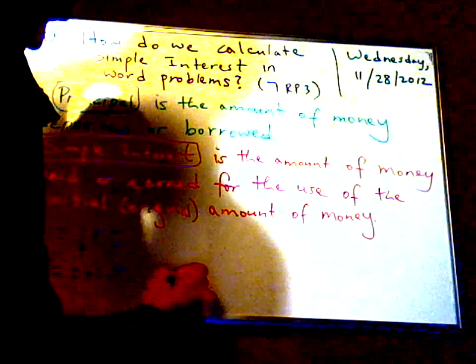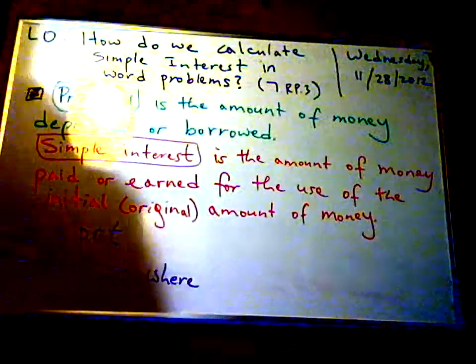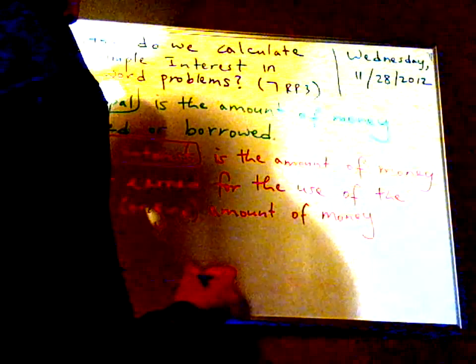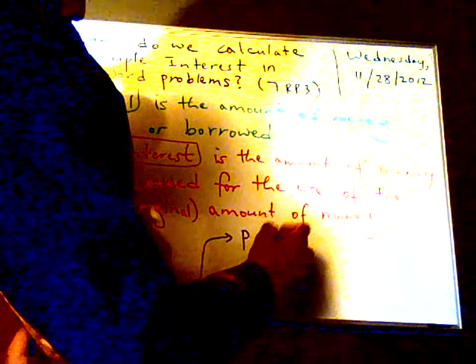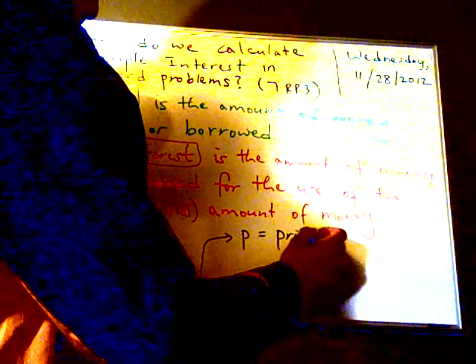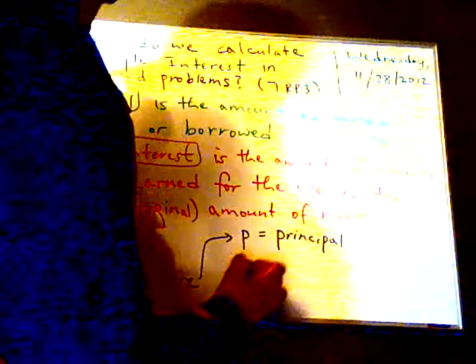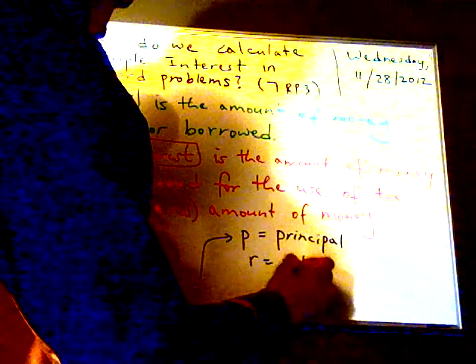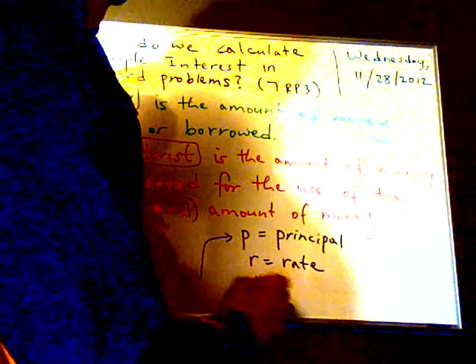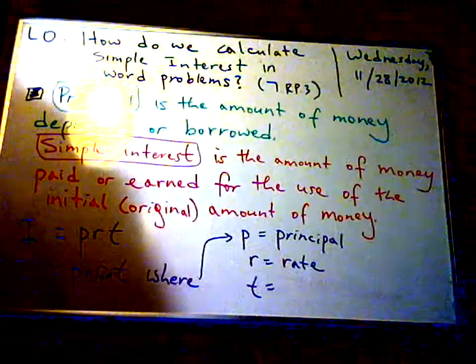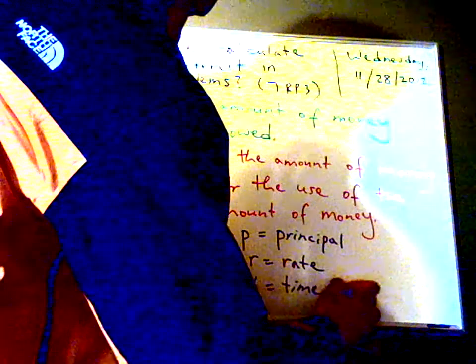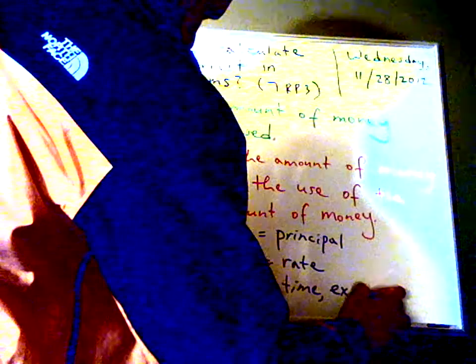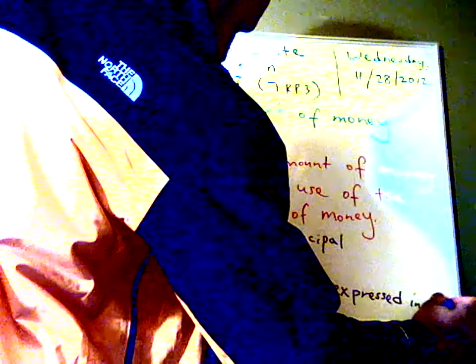I equals PRT, where P equals principal, easy, principal, R is the rate, and T equals the time expressed in years, okay?